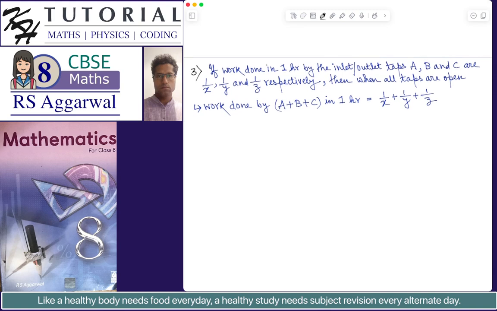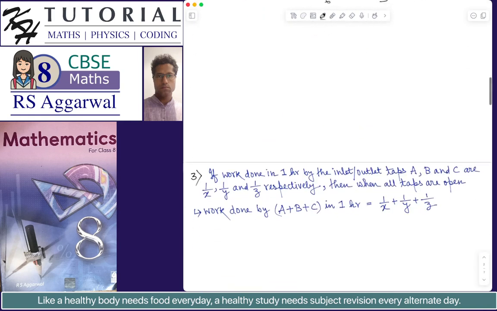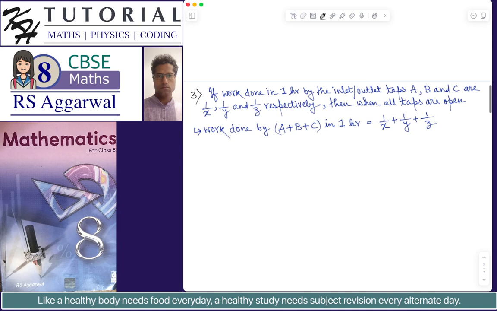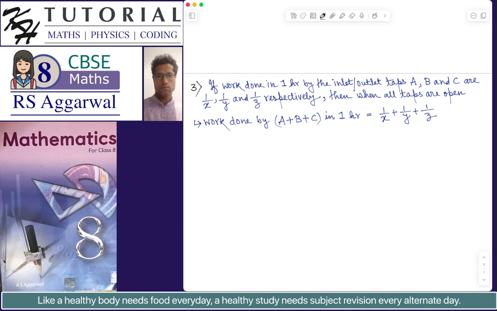So the next one is that if the work done in 1 hour by the inlet or outlet taps A, B, and C are 1 by x, 1 by y, and 1 by z respectively, then what can we say when all the taps are working together?